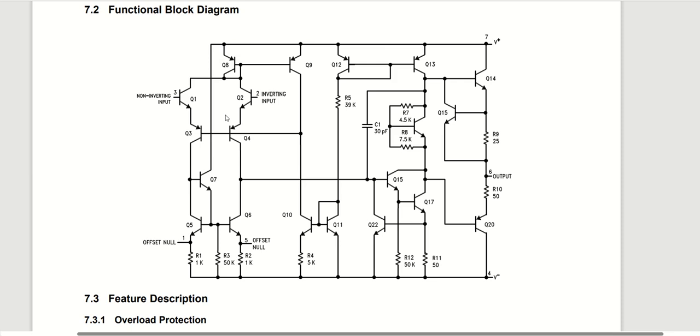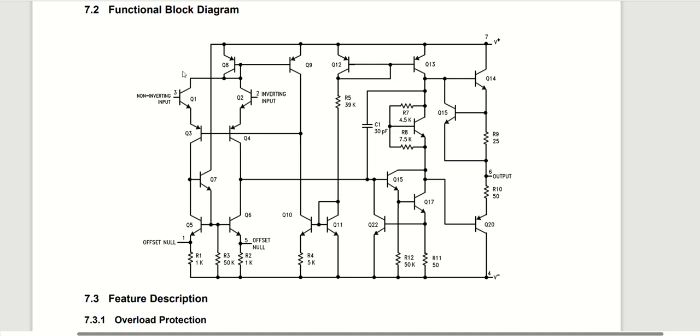So it's kind of like the schematic of the op-amp. So this is the LM741, and you can see that it's made out of BJTs. And I know there's a lot going on in here, but it's a good idea to just look at sections and see what you're familiar with.